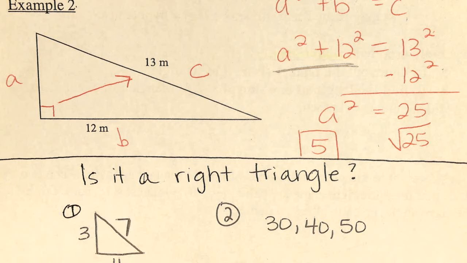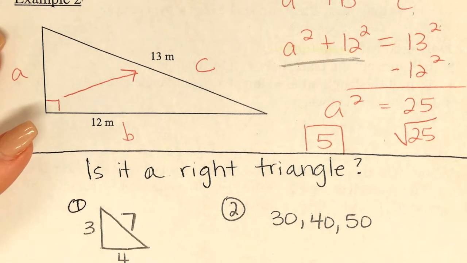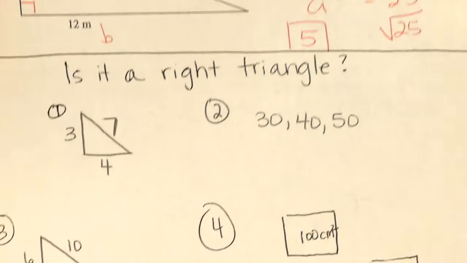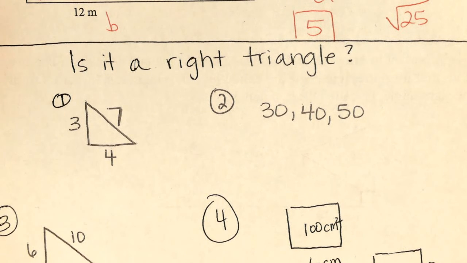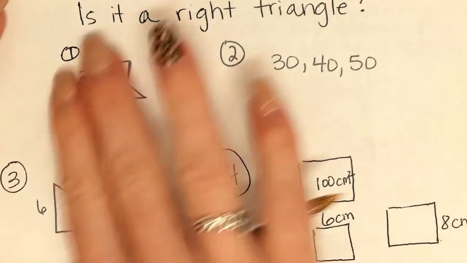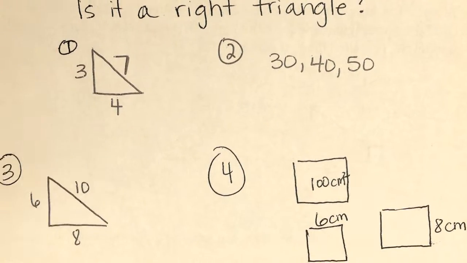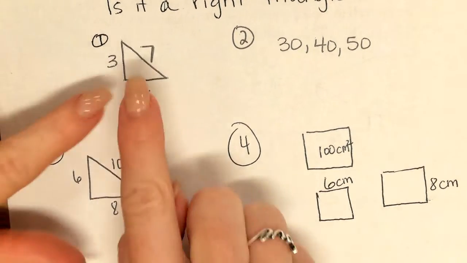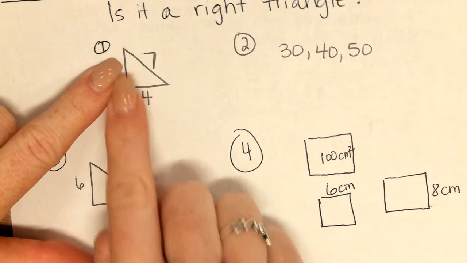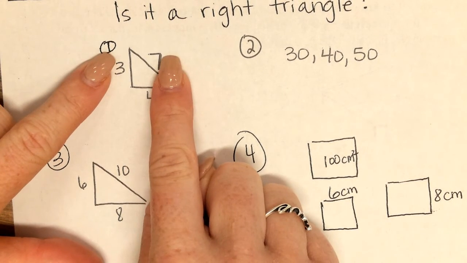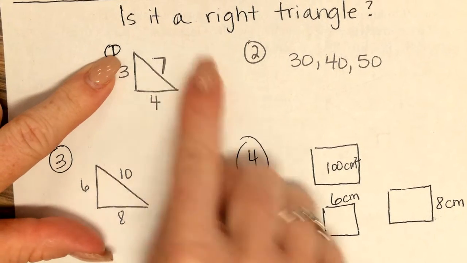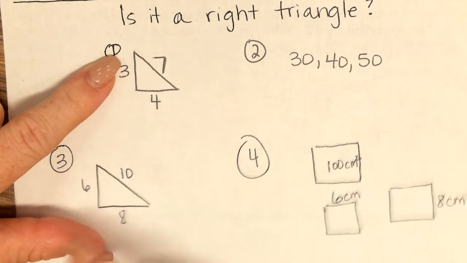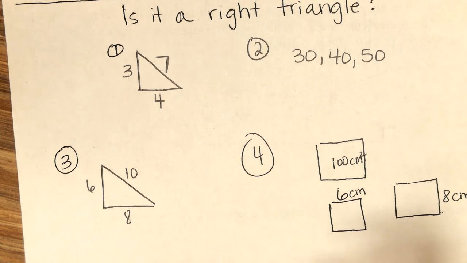Okay, is everybody good with solving for a missing side? Yes or no? Now, what else can we do with Pythagorean theorem? The next thing we can do with Pythagorean theorem is say if it is a right triangle or if it isn't. So everybody look at the 4 examples at the bottom of the page. Look at example 1. Is it missing a side? So I wouldn't use Pythagorean theorem in this example to solve for a missing side because there's not a missing side.